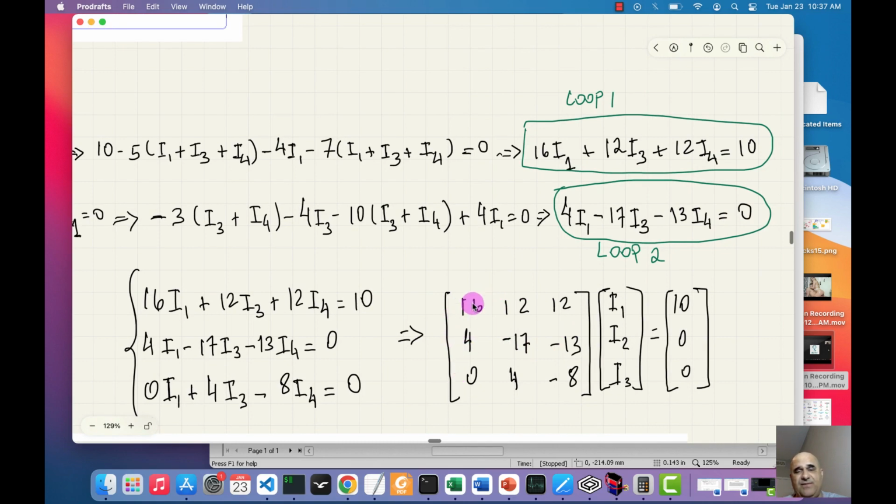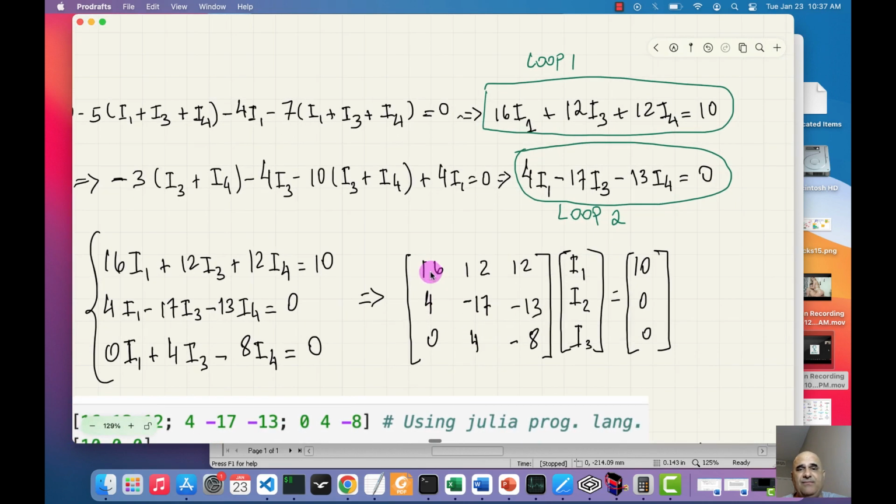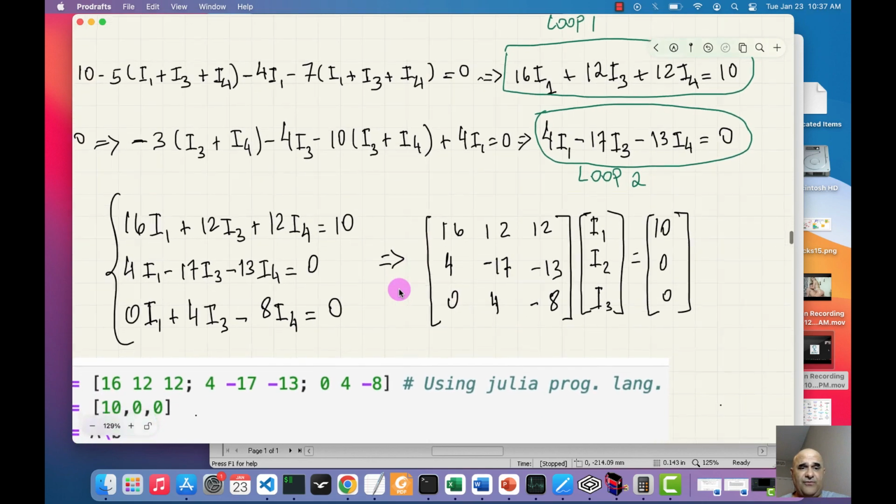So I have a 3 by 3 matrix, the variables and the constants over here. So I just write down the coefficients of each equation. Well, you can solve this using matrices and so on, or you can just use software to do that.